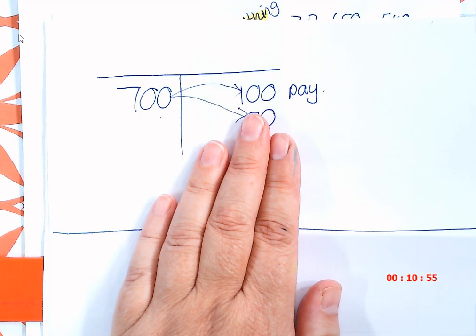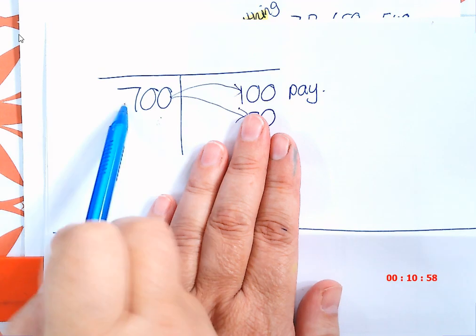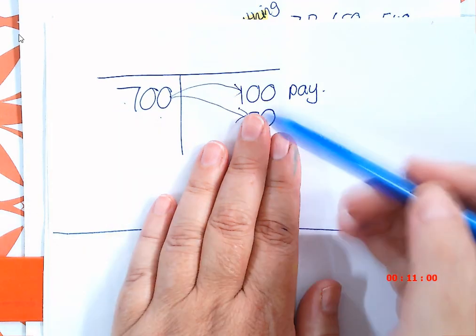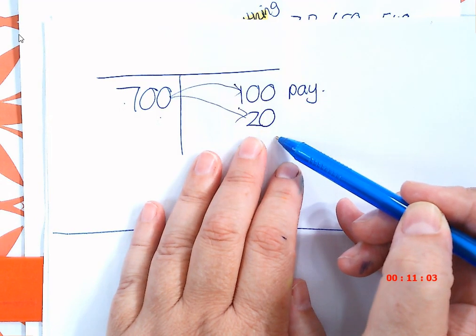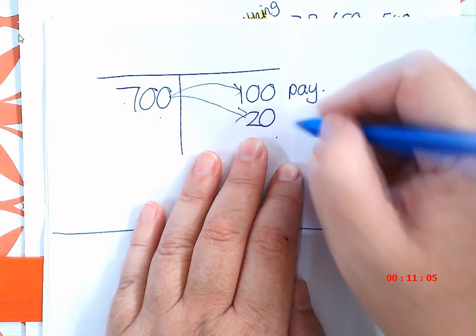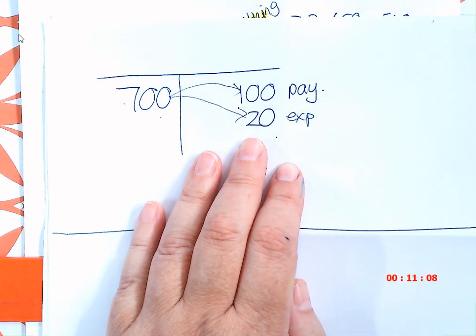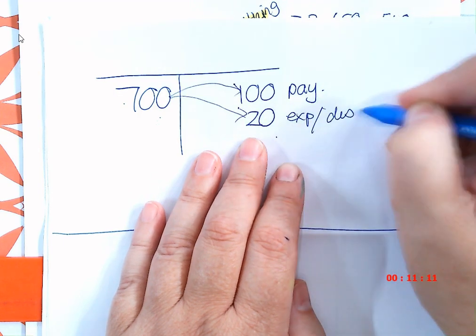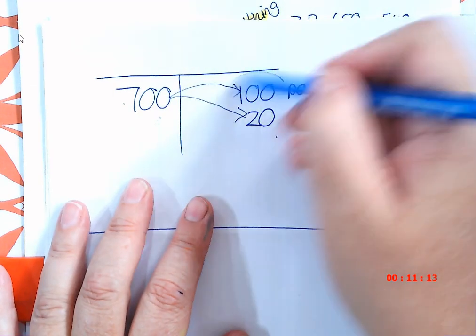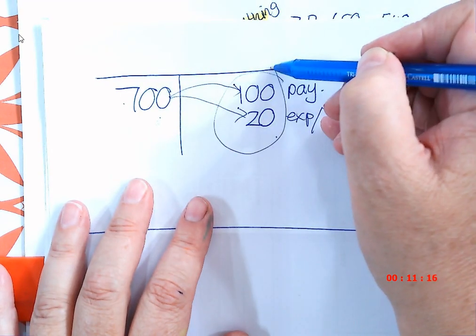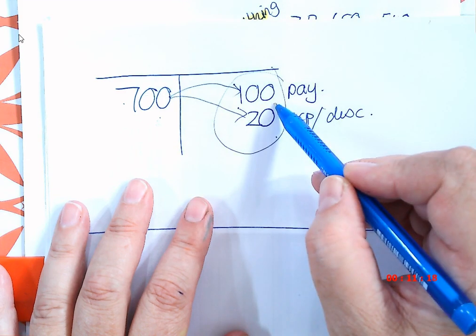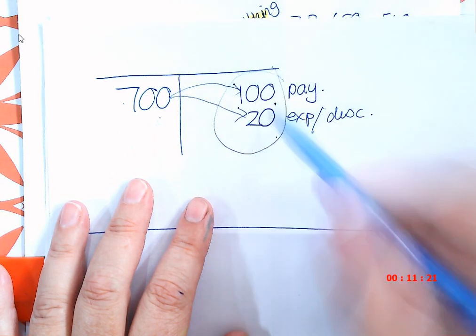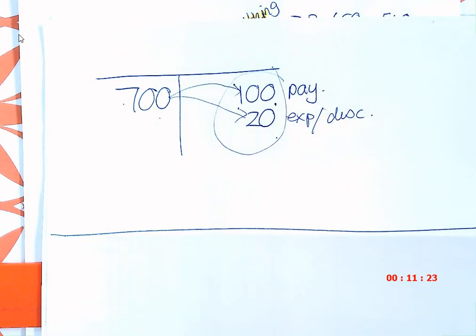So I'm going to subtract an extra 20 Rand that I'm never going to see. So this is going to be an expense for me. So it's going to be like you paid me 120, even though you only paid me 100. So now he only needs to pay me 580.